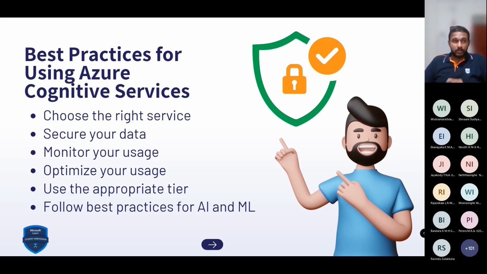And then finally you have to follow the best practices for AI and machine learning, such as data quality, bias mitigation, and ethical considerations. Azure Cognitive Services provides tools for those things as well, such as machine learning and responsible AI.